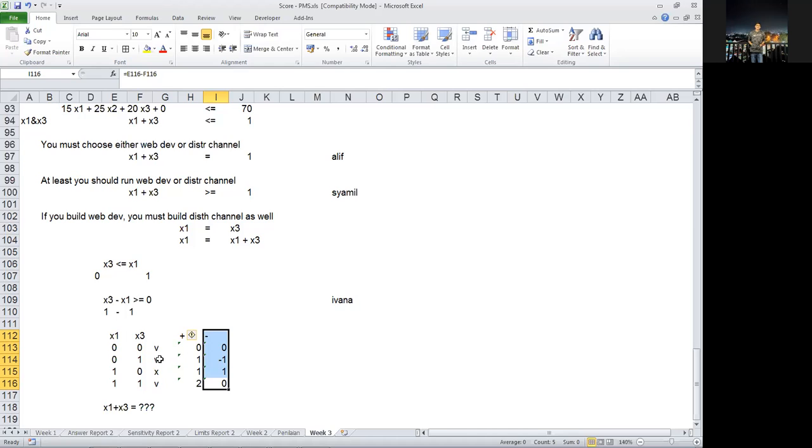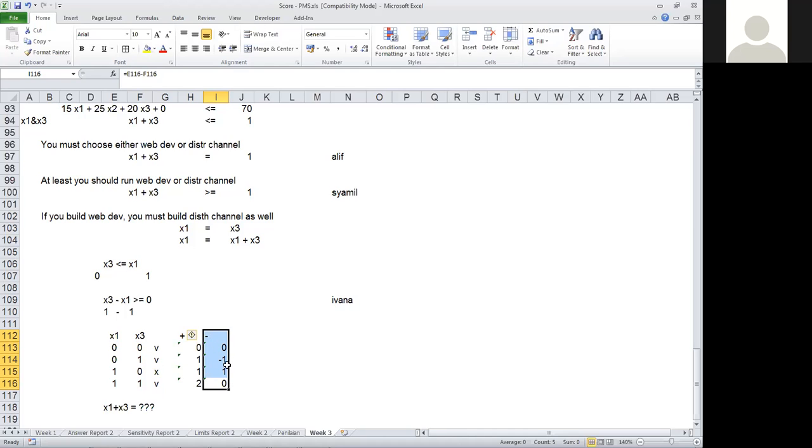Minus 1, okay. 0, okay. So what is the constraint here? It is okay if the subtraction x1 minus x3 is less than or equal to what? From this result, less than or equal to 1?